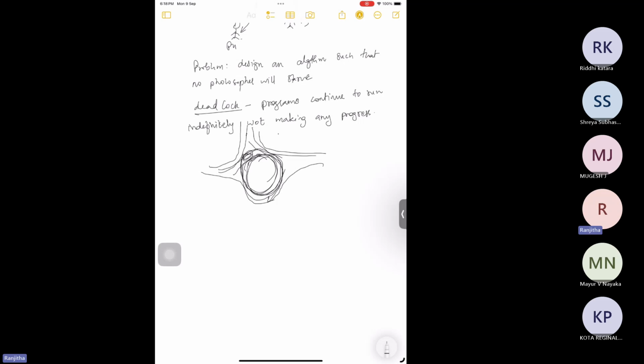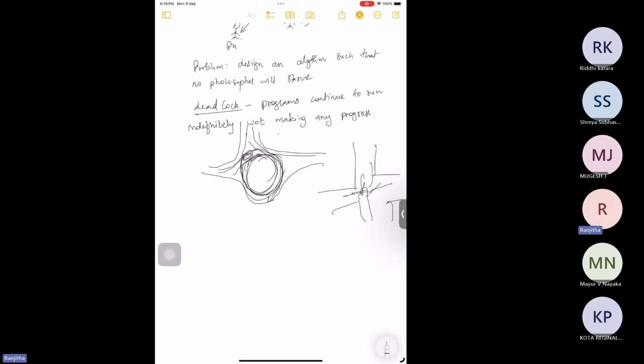Similarly, in many traffic junctions, sometimes the signals are not working and we don't follow the rules properly. All the cars, bikes, everybody will come, and it will lead to a jam wherein no one will be in a position to move and proceed further.